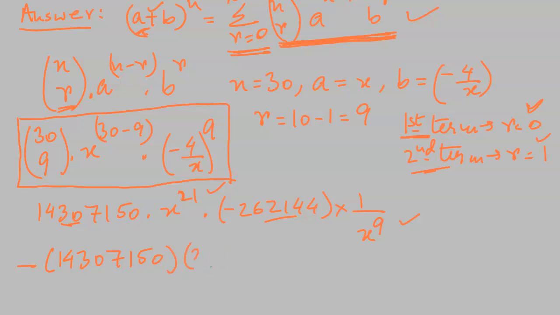But since we have just started this chapter, you are totally new to this chapter. At least I am assuming that. Therefore, I am showing you how we should be simplifying. Okay. But for this question, this is your answer. And x to the power of 21 divided by x to the power of 9 will be x to the power of 21 minus 9.